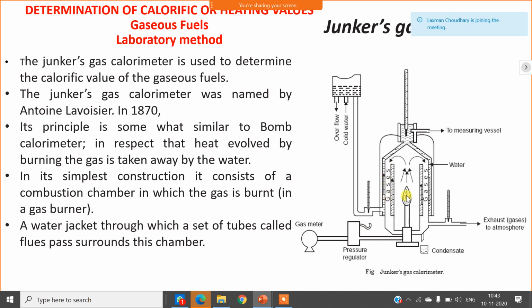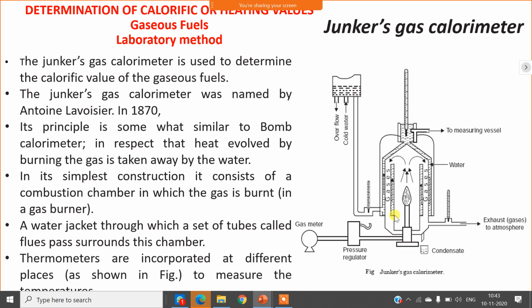These are the number of water tubes called water jackets. Thermometers are incorporated at different places to measure the temperature. The first thermometer is at the entrance of water, the second is at the exit of water, and the third is at the exit of exhaust gas.